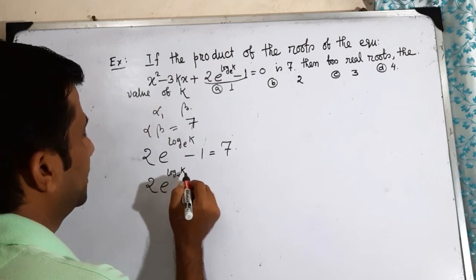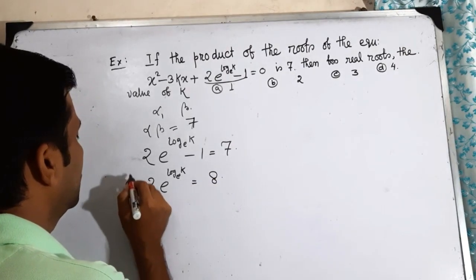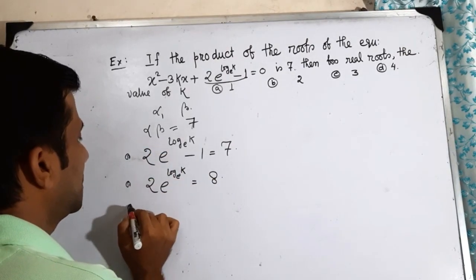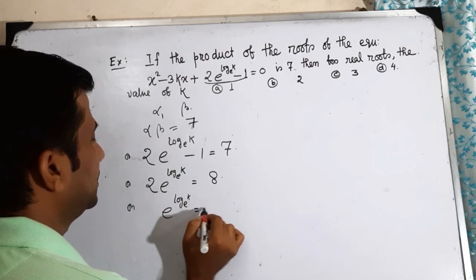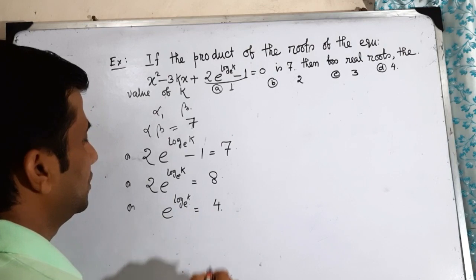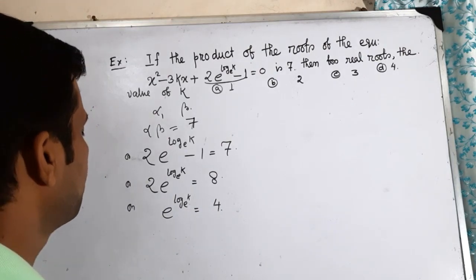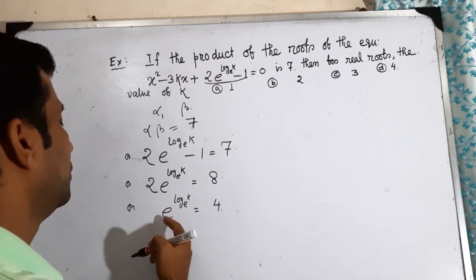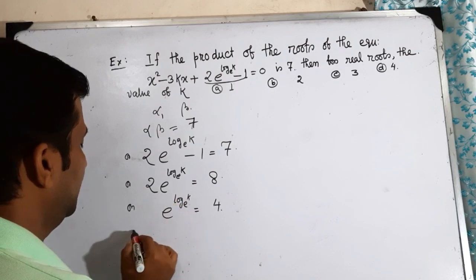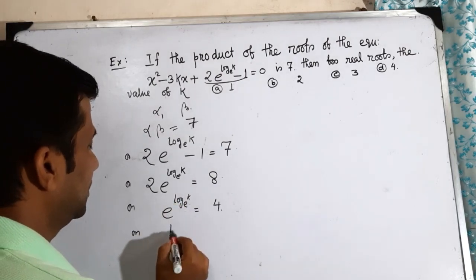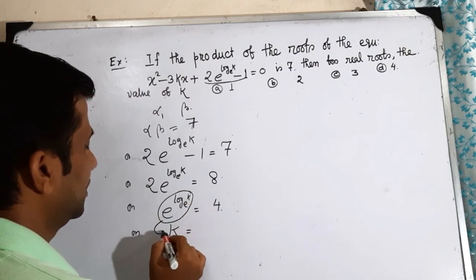or 2 e to the power log k base e is equal to 8, or e to the power log k base e is equal to 4. We know from the property that e to the power log base e k becomes k.